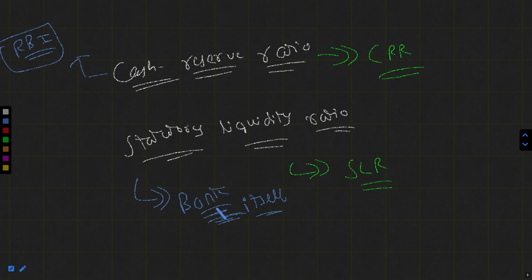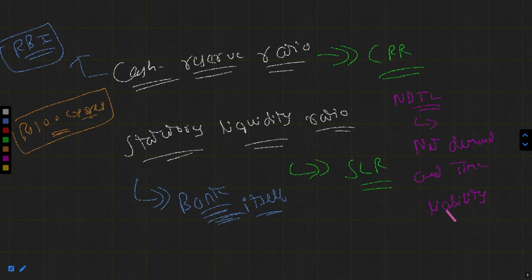We know that the bank cannot directly lend out the entire amount it holds. Like in the previous example, we took a bank having 100 crores of rupees, and we discussed that the bank cannot lend out the entire amount as a loan because it has to fulfill its NDTL, known as net demand and time liability.